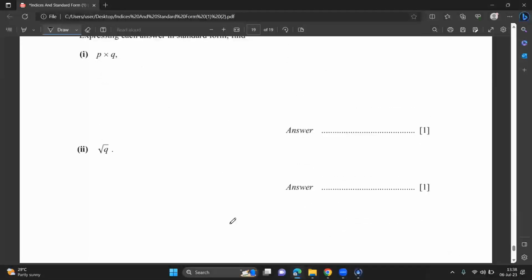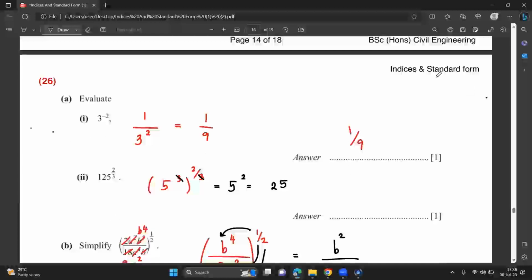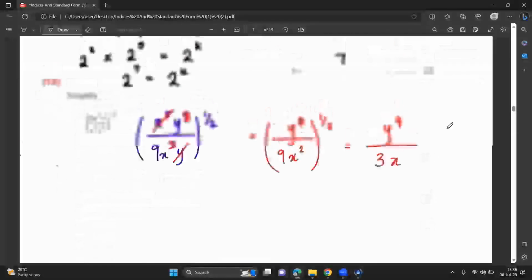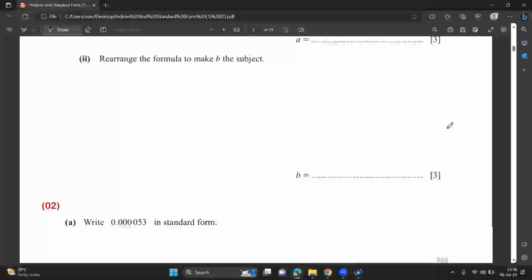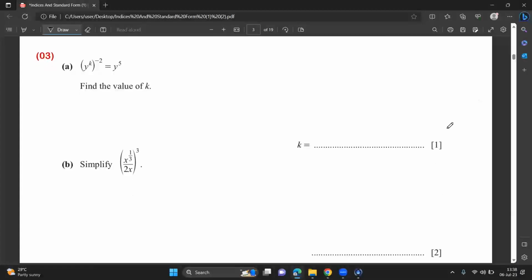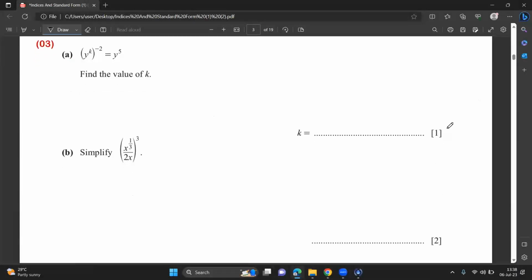Okay, I skipped few questions on the first page. Let's go to the first page. Guys, go to question 3. Try the A part. I'll give you 2 minutes.